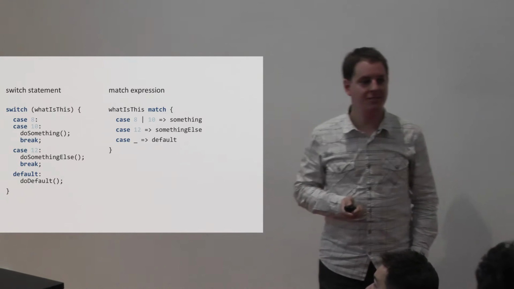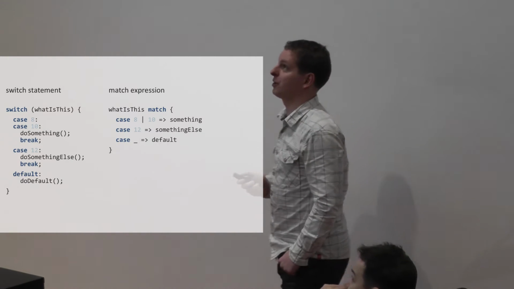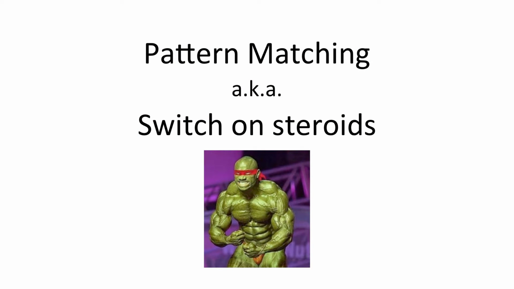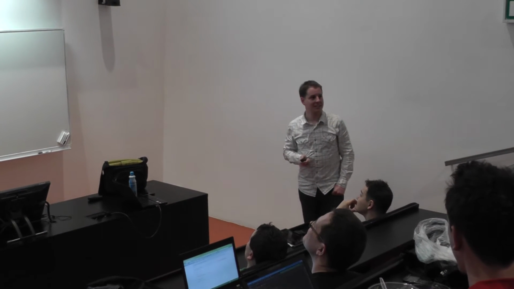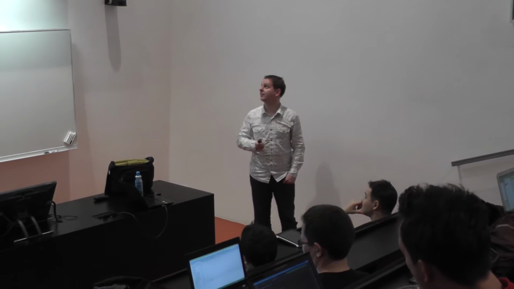And the main difference is that the match expression is much more than that. It is very often named as a Java switch on steroids. I like the on steroids metaphor because it allows you to bring nasty pictures on your slides. But as I stated in the invitation to this event, pattern matching is much more than that.